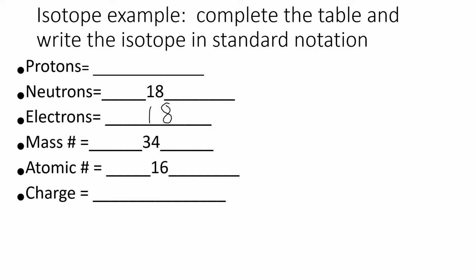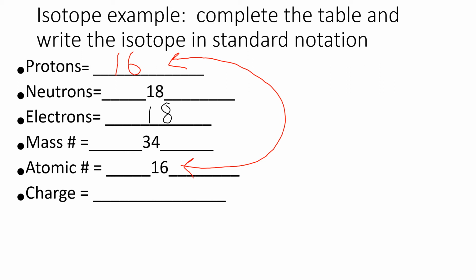So how are we going to get at the number of protons? Well, the easiest way would be to remember that the atomic number and the number of protons have to match. That's the definition of what the atomic number is, and that would give us 16 protons. You could figure out the number of protons a different way.